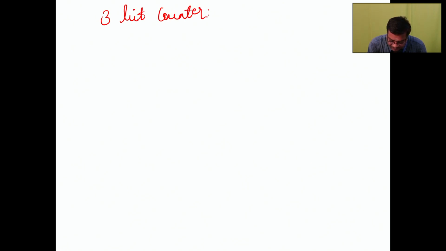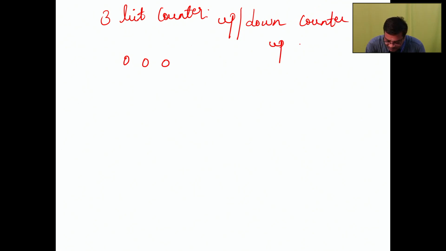So while coming to this, what are the things we are going to depend upon in the counters? Suppose you take one example, this is a 3-bit counter. We know that 3-bit is nothing but 0 0 0. In counters there is an up or down counter, or simply the up counter. Normally we are going to determine the up counters.